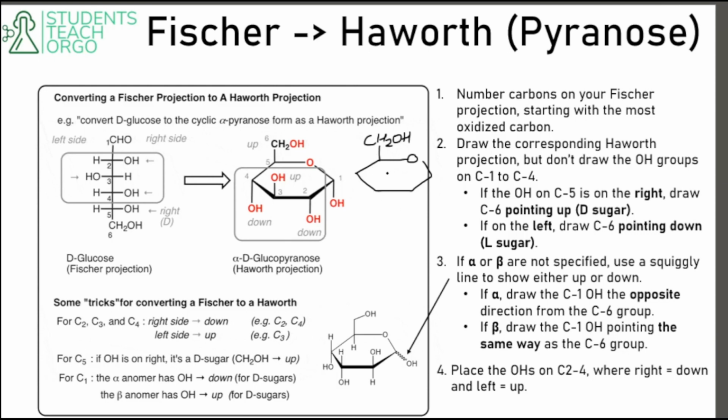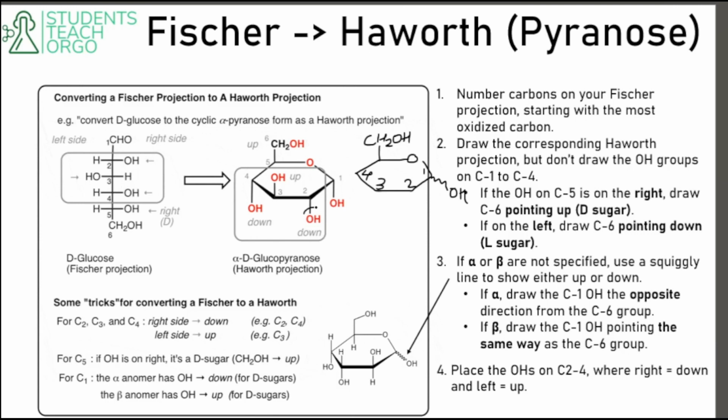Okay, next. If you're not told alpha or beta, use a squiggly line like I have down here. That is a terrible squiggly line. Let me redraw that. Better. So that is going to let you know it could be either alpha or beta. It doesn't matter which one because we don't know. And then pretty much from there, you're just going to place all the OHs on your C. So this is 1. So you're 2, 3, and 4. So 2 to 4, you're going to place all your hydroxyls, and you're going to do it up or down.